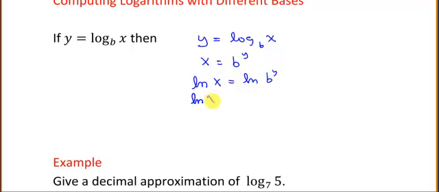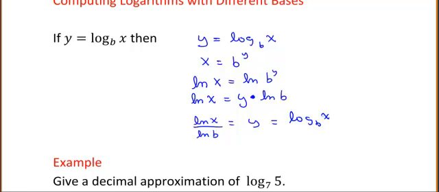So then we have the natural log of x is equal to y times the natural log of b. Dividing both sides by the natural log of b, we'll have y is equal to the natural log of x divided by the natural log of b. But remember, y was the log base b of x.